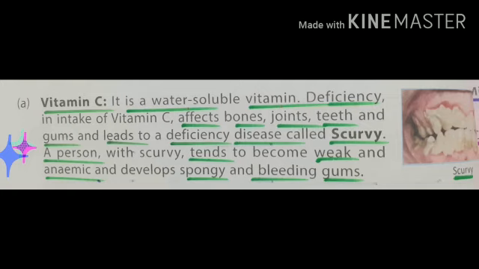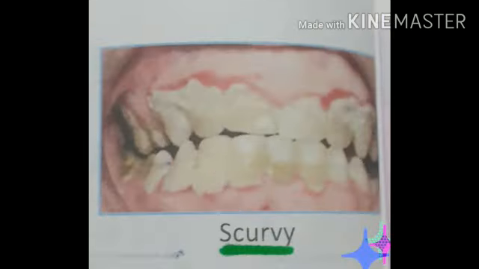The less intake of this vitamin affects the bones, joints, teeth, and gums and leads to a deficiency disease called scurvy. In scurvy, a person tends to become weak, anemic, and develops spongy and bleeding gums. What you are observing here, dear students?